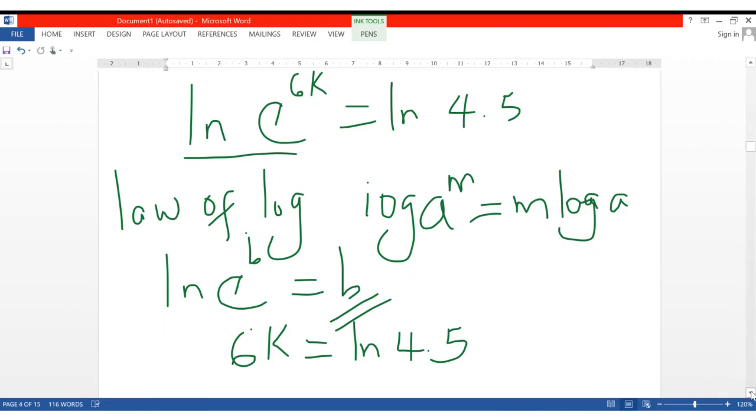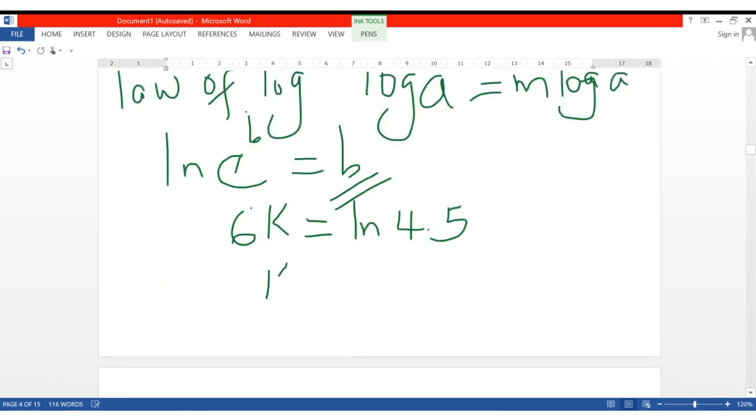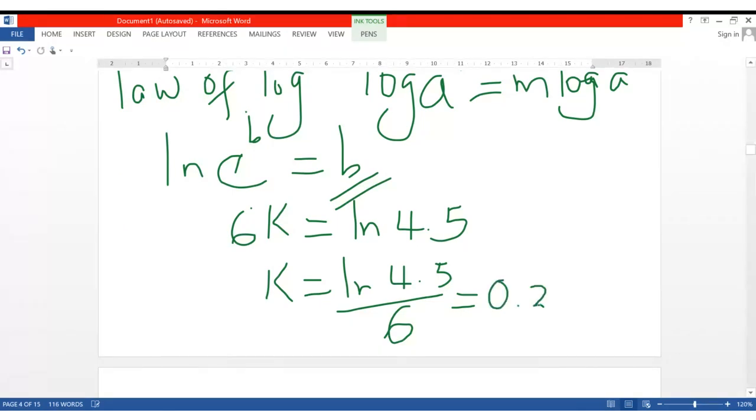Now I'm almost finished solving for the value of k. So k will be given by ln 4.5 all over 6. If I solve this using a calculator, that is ln 4.5, then I divide the answer by 6, I'm getting 0.251.